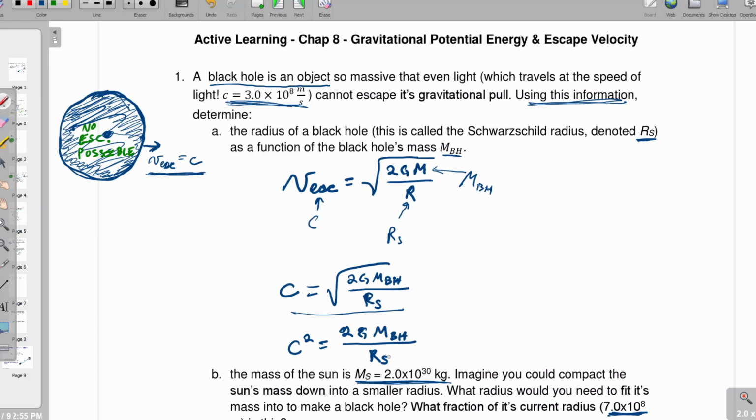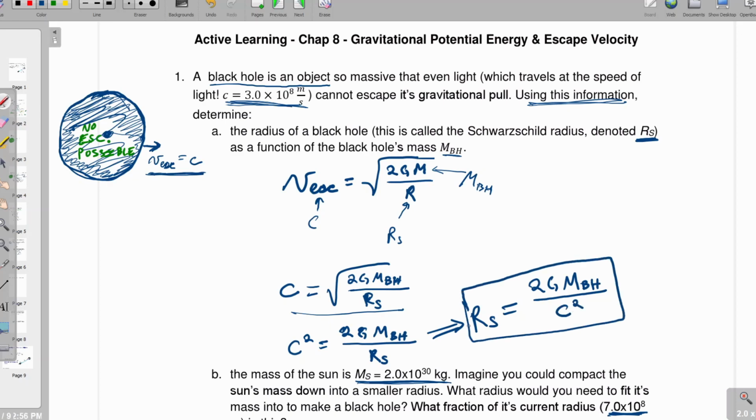Now I was asked to find the Schwarzschild radius as a function of the mass. So I'll just multiply both sides by r_s, divide both sides by c squared, and I get that the Schwarzschild radius is equal to 2G mass of the black hole divided by c squared. So this is the Schwarzschild radius in terms of the mass of a black hole.